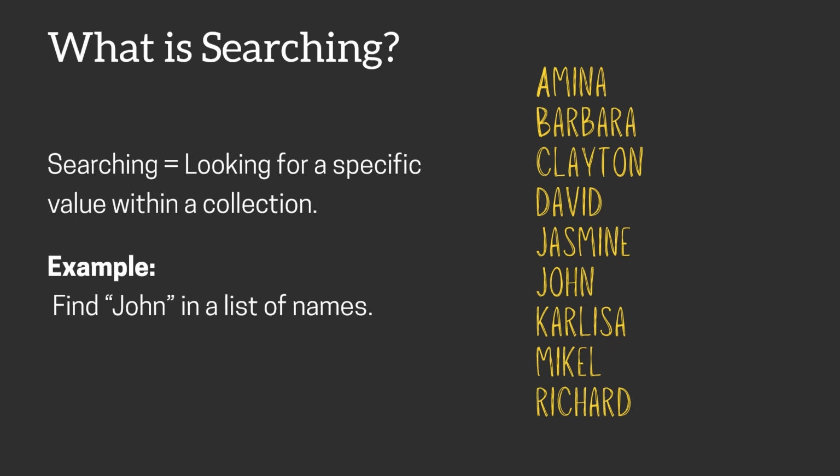For example, say you have a list of contacts and you want to find John. You could go through each name one by one until you find him. That's a linear search. Or if the list is already sorted, you could use a binary search to jump around and find the name faster.